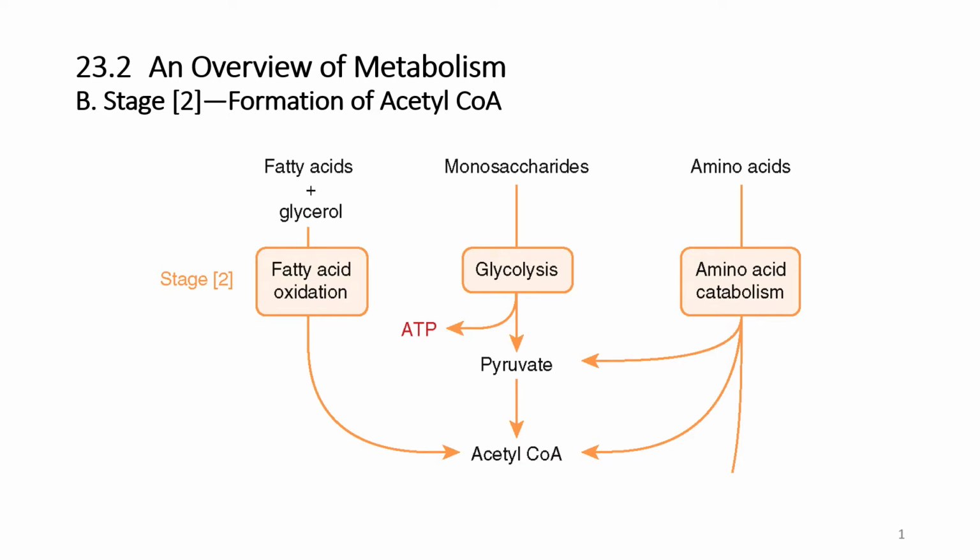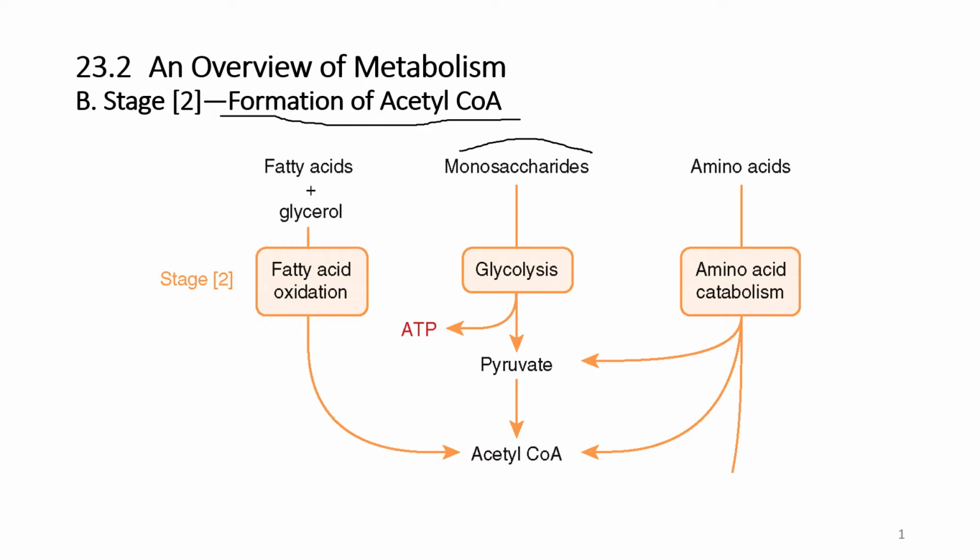So the second stage, the ultimate goal or product is formation of acetyl-CoA. We'll take a closer look at acetyl-CoA, but it's a very important biological molecule. And there are three metabolic pathways that lead to units of acetyl-CoA.